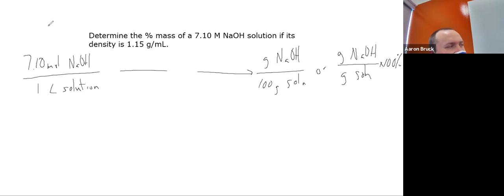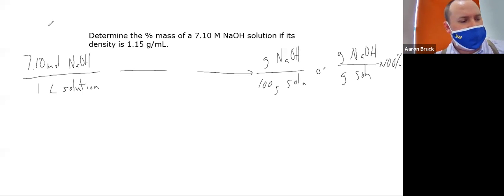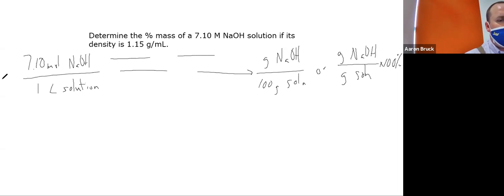So I have to meet one of these two criteria. Which one I meet doesn't truly matter, so long as one of them gets met. Now, the process that we follow is going to be pretty much the same. We're going to use molar mass, molecular weight, to go from moles to grams.